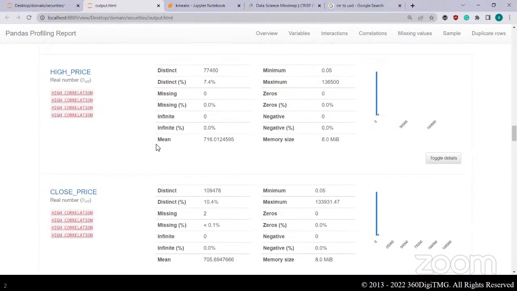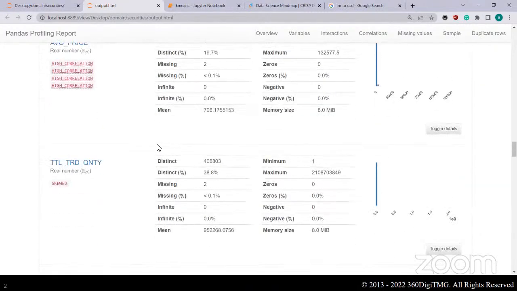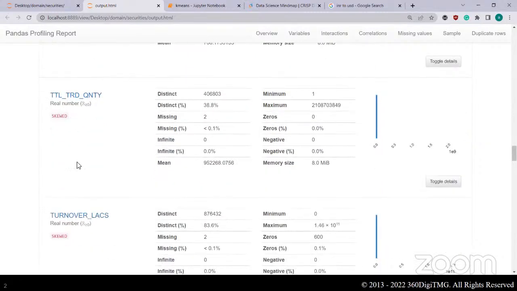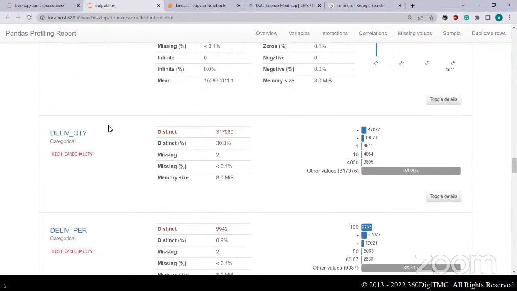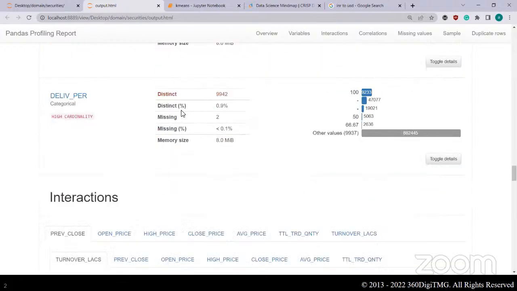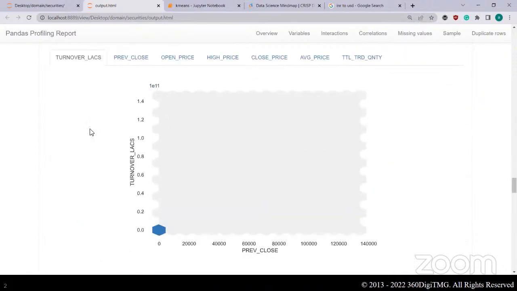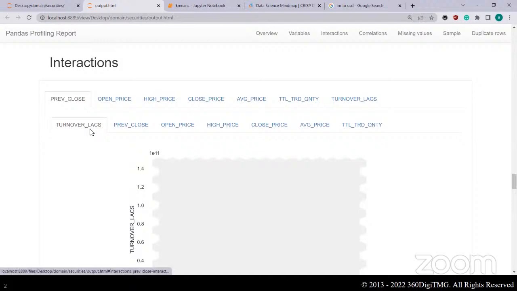So you keep moving on: high price, close price, average price, TTL TRD quantity, turnover in lakhs, delivery quantity. It will also give you the total number of distinct values, delivery percentage. Then you can also see the interaction plot.